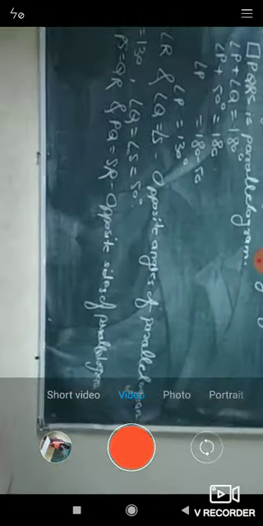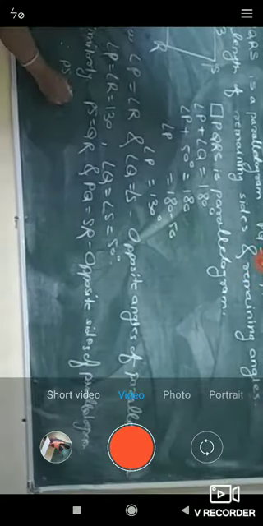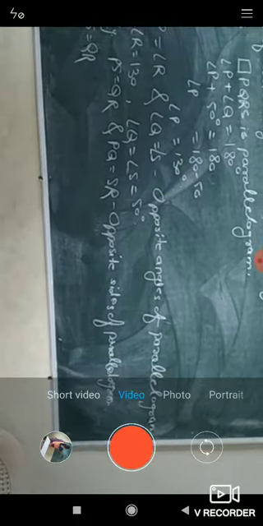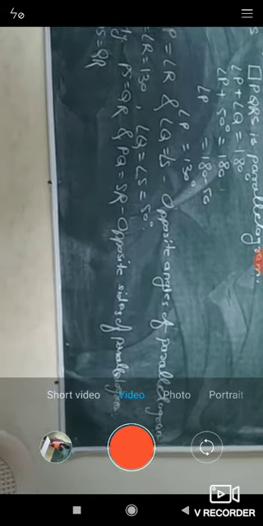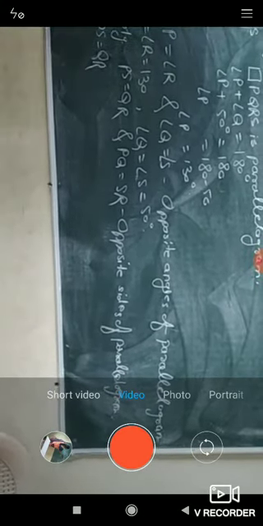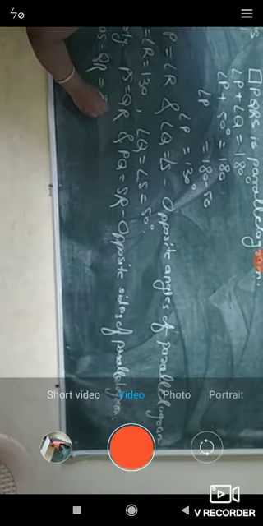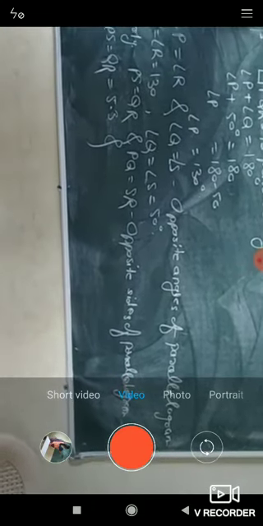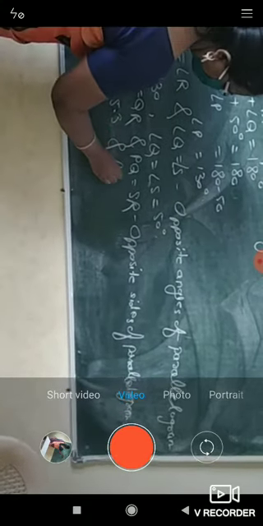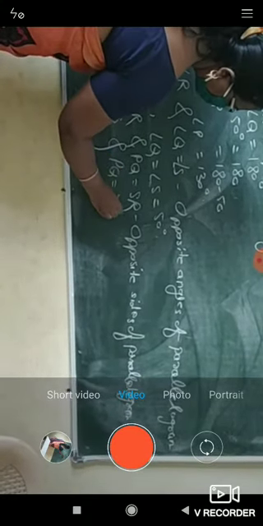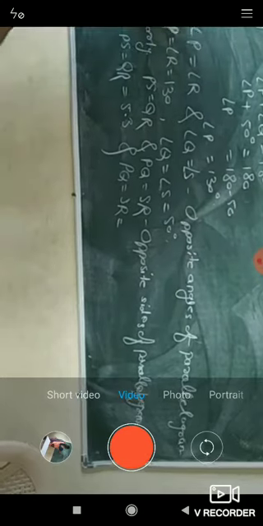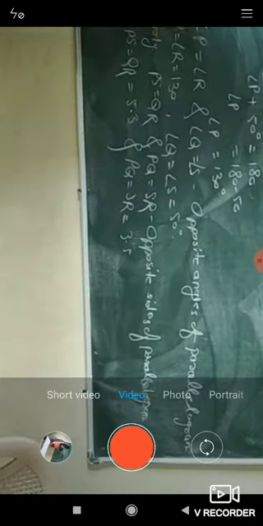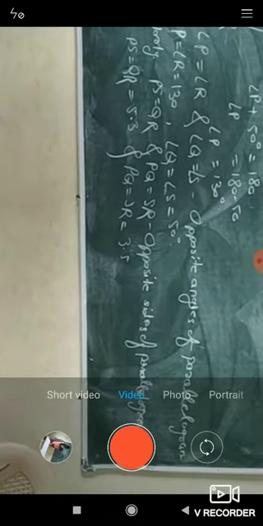Okay, and therefore PS is equal to QR. PS measure is already given. PS is equal to QR is equal to 5.3, and PQ is equal to SR is equal to how much? 3.5. Okay, clear?